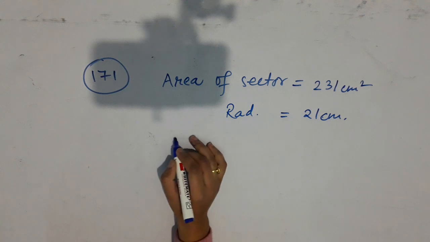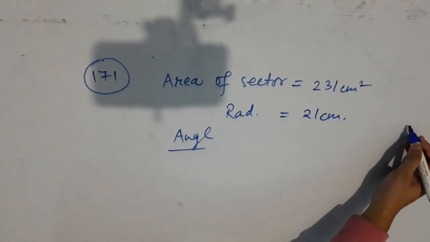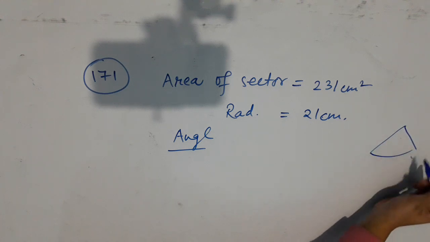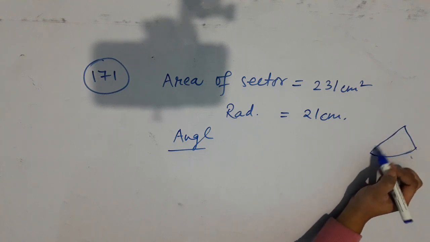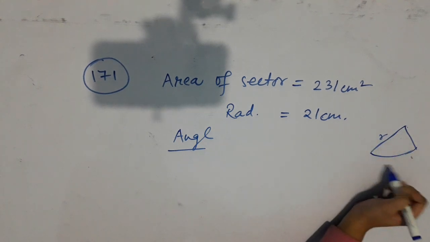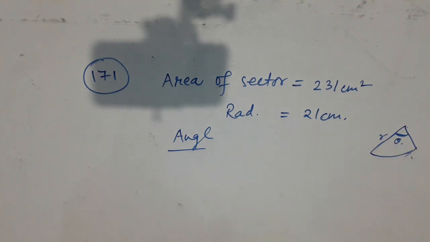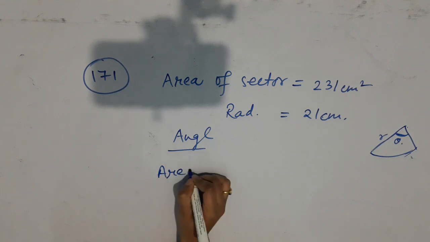We have to find the angle. A sector is just a piece of a circle. So he has given the radius r and the area of the sector, and he is asking you this angle theta.